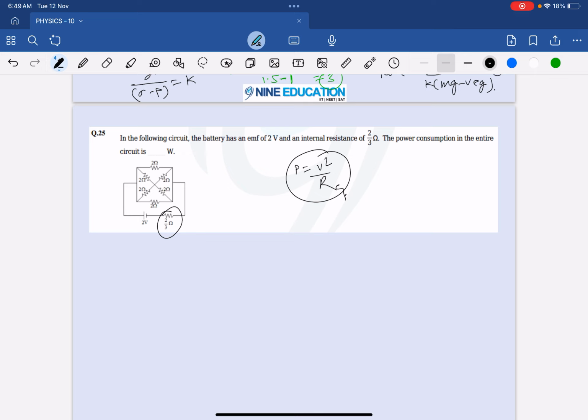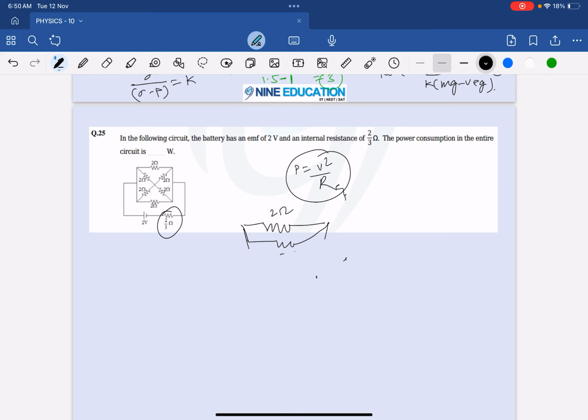We can see that we have a folding symmetry here. So we are going to fold it, and it is going to become 2 ohm, 2 ohm, 2 ohm, and there will be 2 ohm here. My bad, I made a really bad diagram.